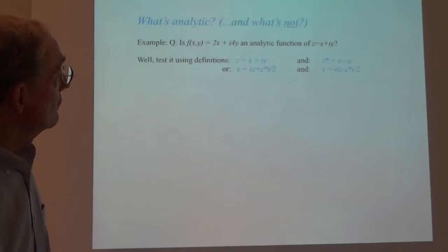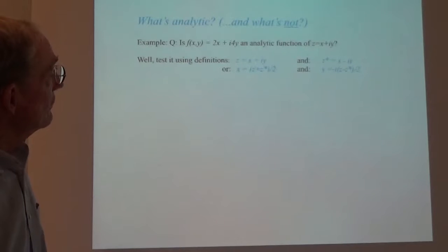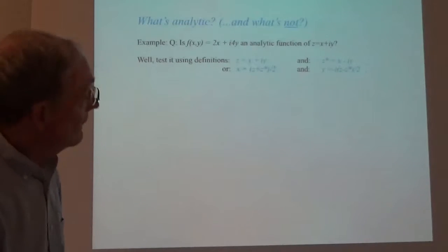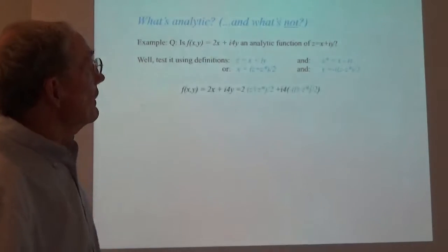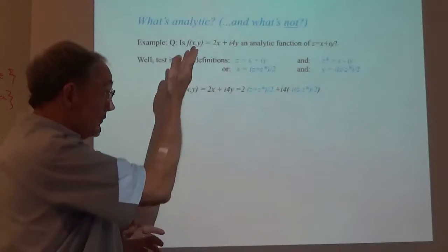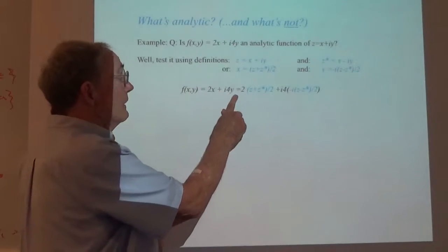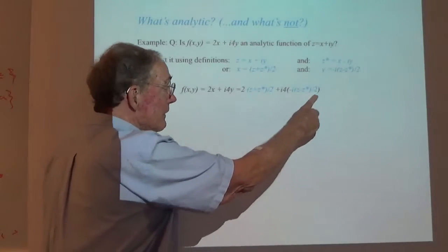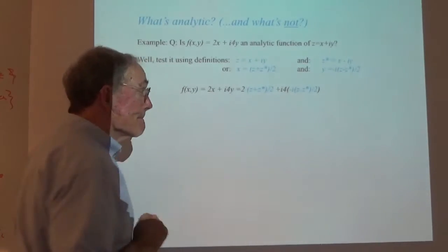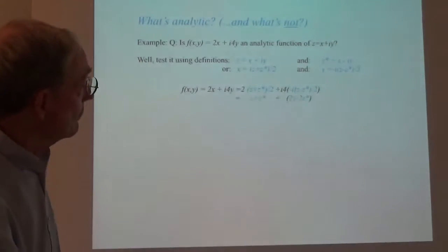Okay. So what you do to test this is you stuff in the definitions for x and y into your function. If you were already given it in the z and z star form, you answer this very quickly. But here I put in those definitions for x and y, and then I just work it out and see what I get.